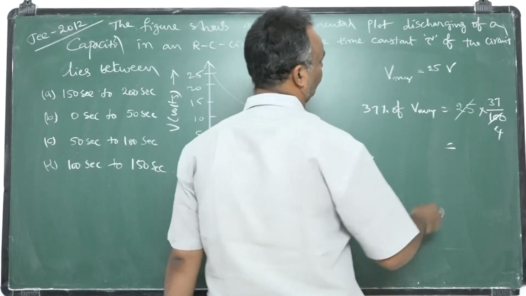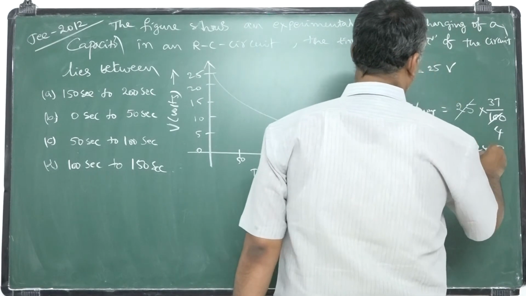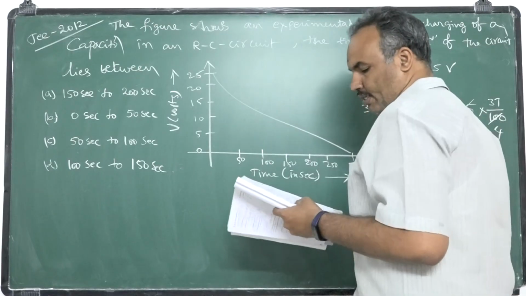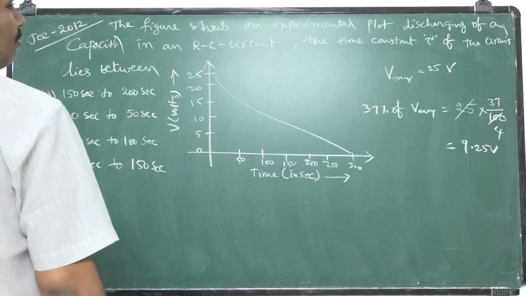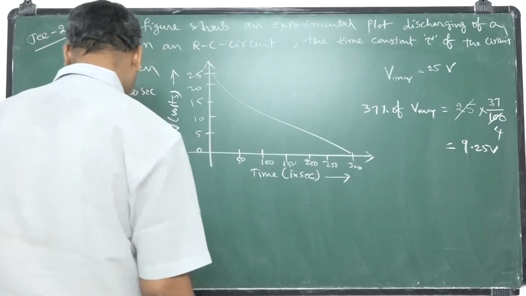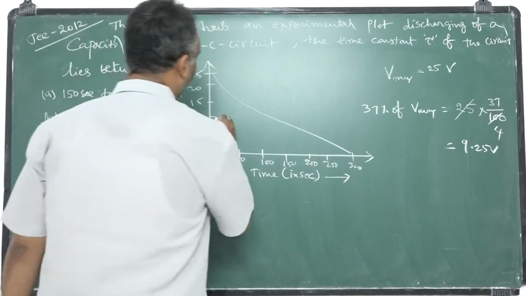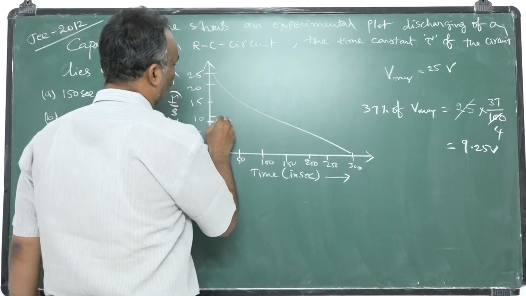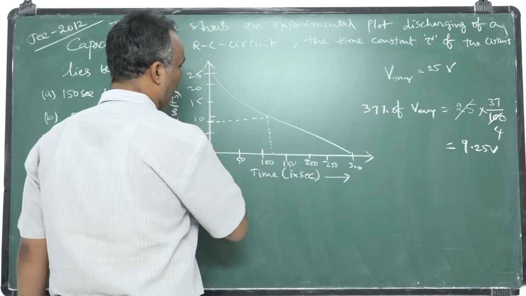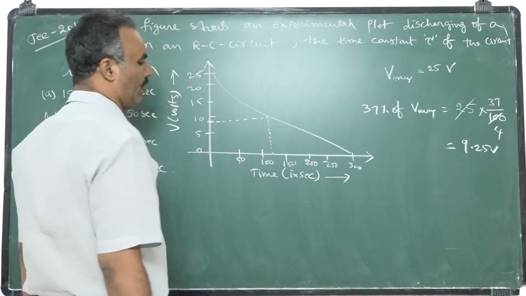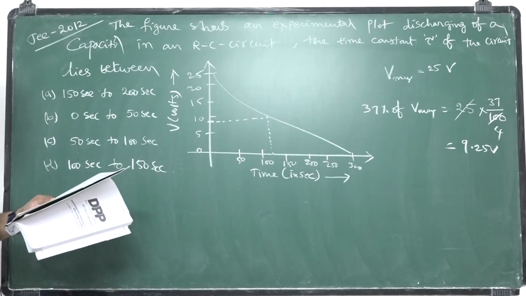So 9.25 volts is the 37% value of the maximum voltage value. So 9.25 will be somewhere here. So the corresponding voltage I need to take, and the corresponding time also I need to take into consideration.